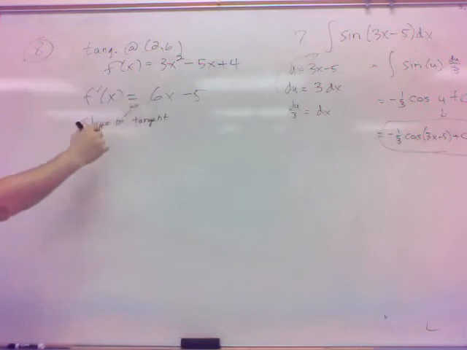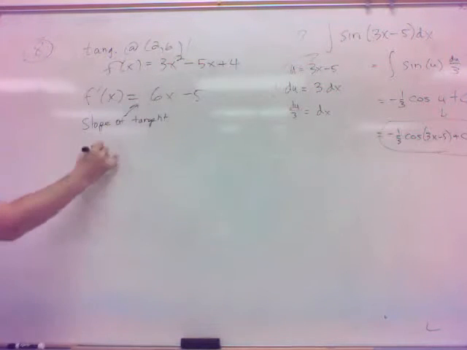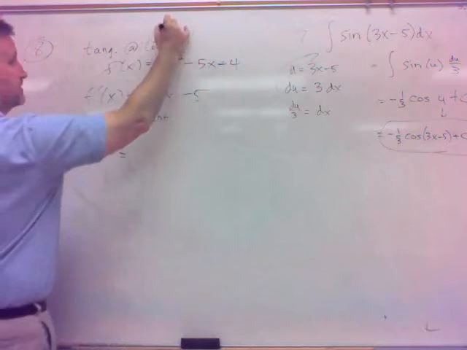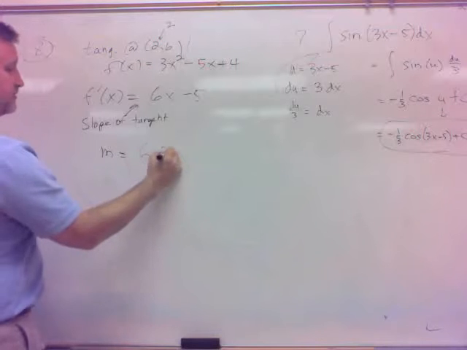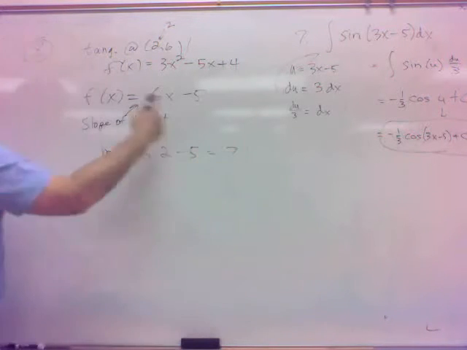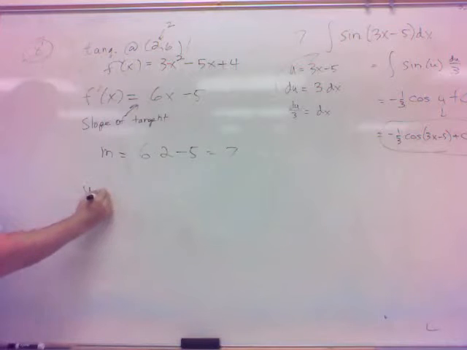And in this particular case, I want it at (2, 6). So my slope of my tangent line is going to be 6x minus 5, but at (2, 6), what is it? Well, the x is 2, isn't it? So I plug in the 2 for my x, and that gives me a 7. That's the slope of the tangent line.